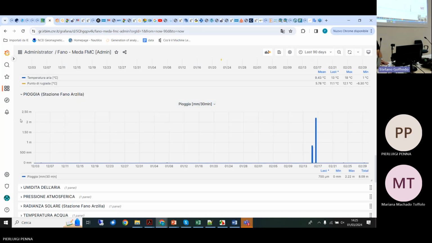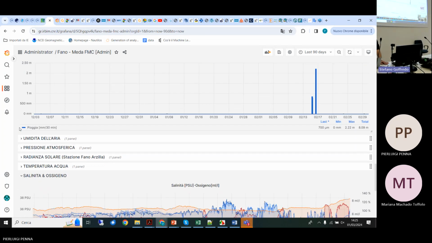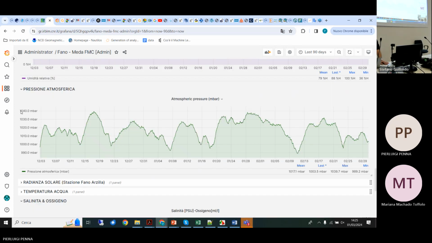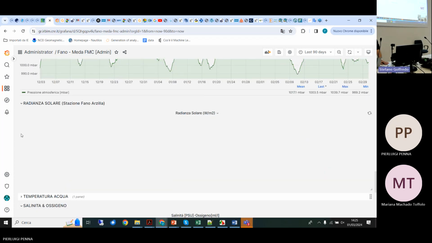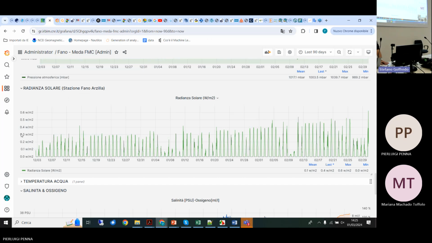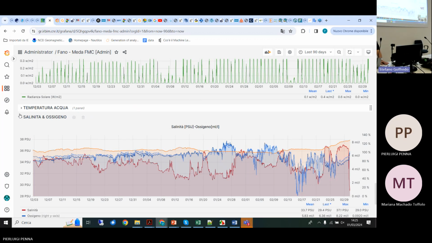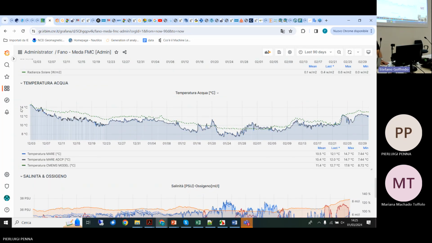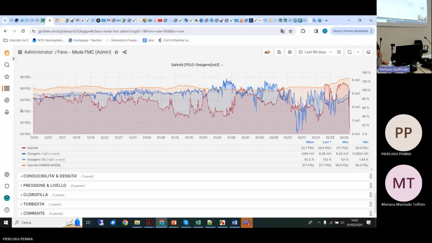This is the cumulative rain stored in the Fano Arzilla station. Air humidity, atmospheric pressure. Okay, solar irradiance. And now, water temperature, water salinity, and oxygen.